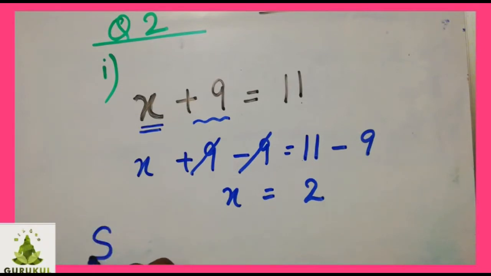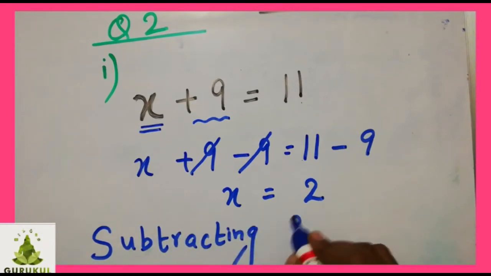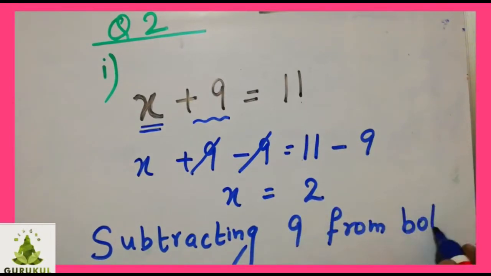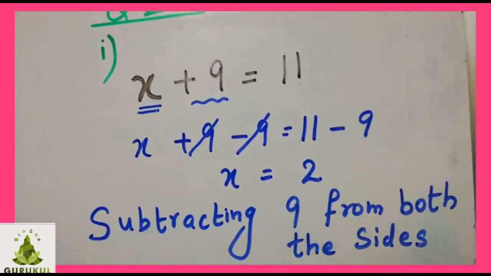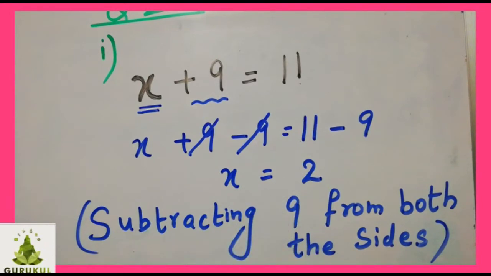You subtracted 9 from both the sides. Is this clear to you? This is the statement which is needed for this question: subtracting 9 from both the sides, you got this answer. You can copy down this.